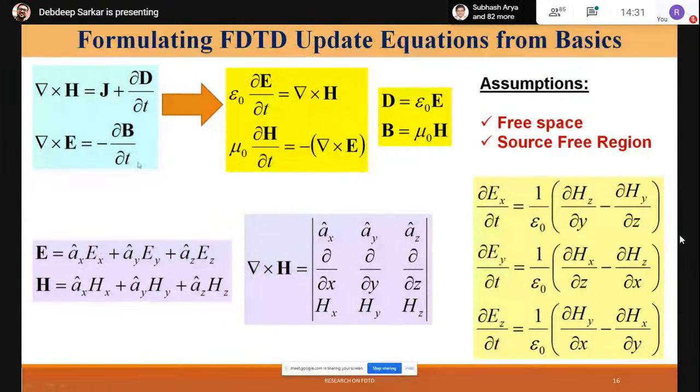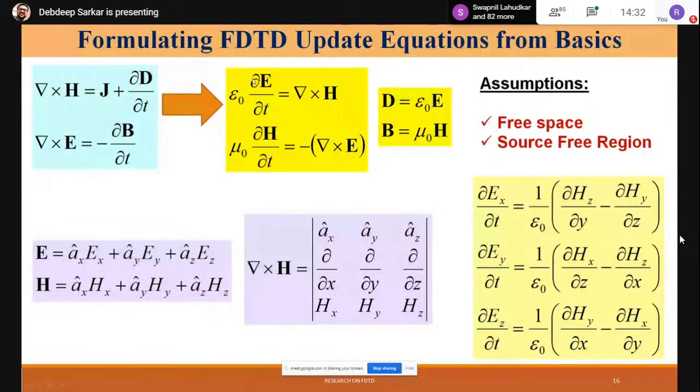Now, just by looking at this, and I have just moved terms from the left-hand side to the right-hand side, this ∂D/∂t term becomes epsilon naught ∂E/∂t, equal to curl of H. And this term becomes mu naught ∂H/∂t equal to minus curl of E. So it is simply a coupled differential equation.